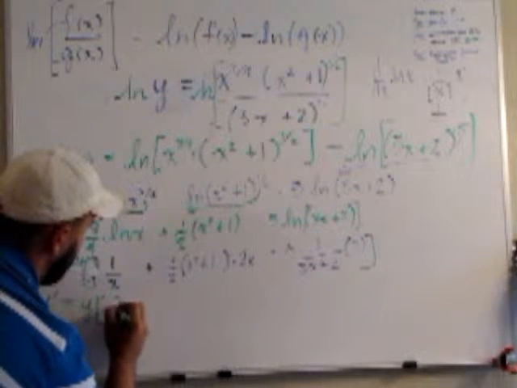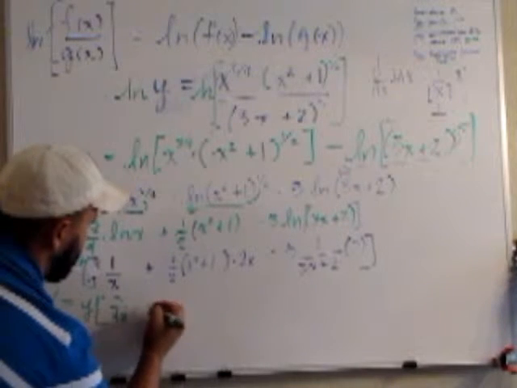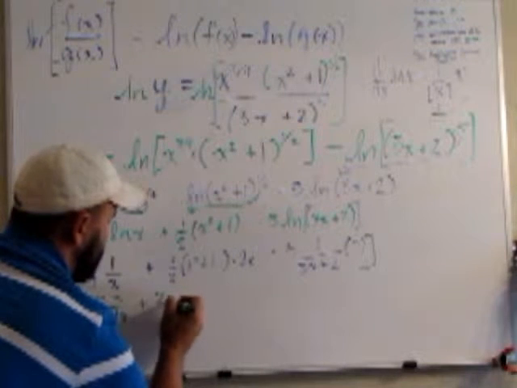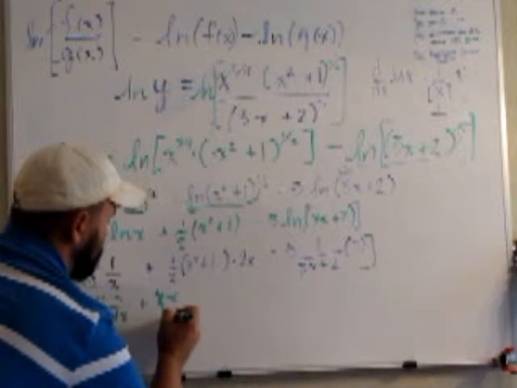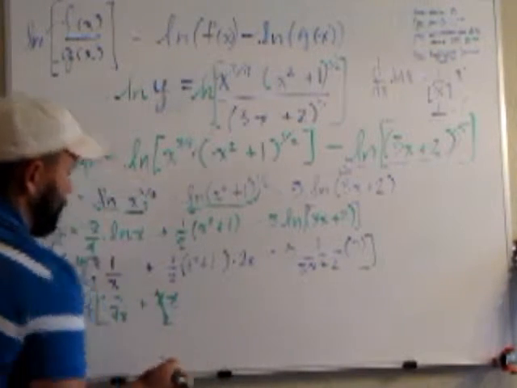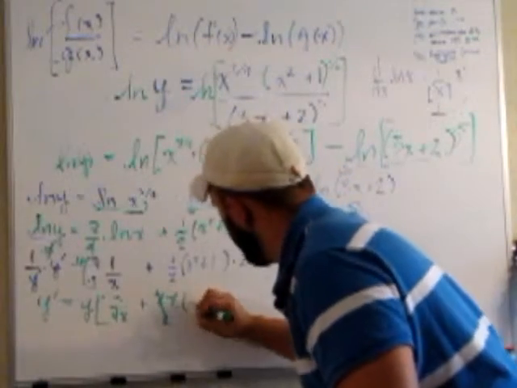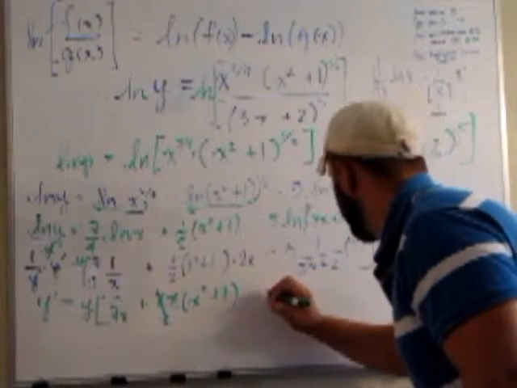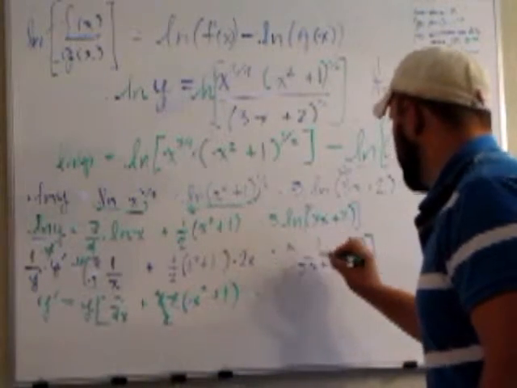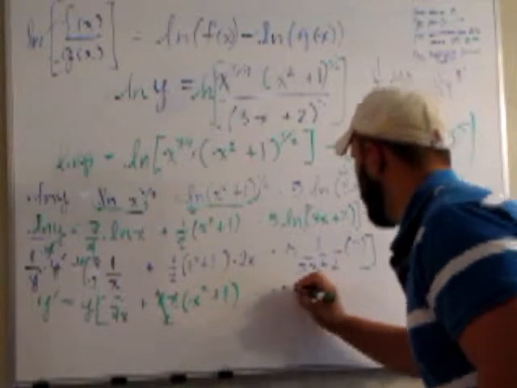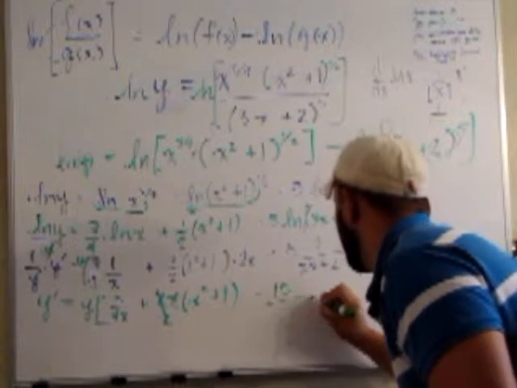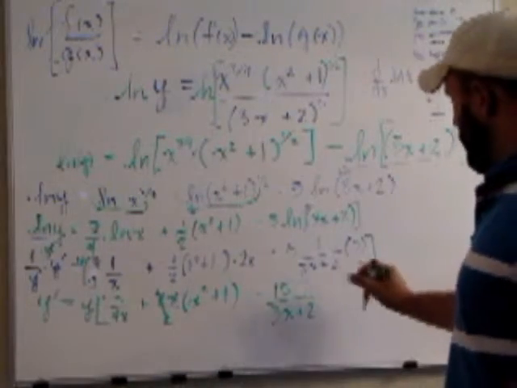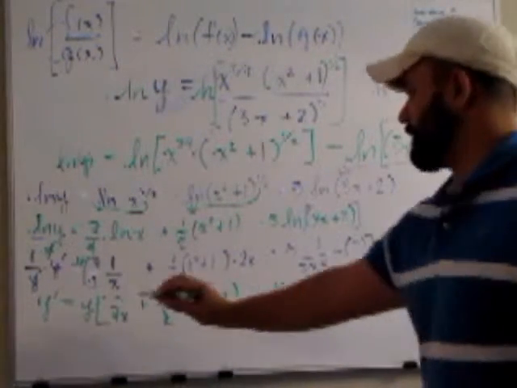So we'll have 3 over 4x plus, we're going to combine these two, so we'll have 2x over 2, which just becomes x, times x squared plus 1, minus, we're going to take 5 times 1 times 3, and we'll get 15 over 3x plus 2, and that's all in brackets times y.